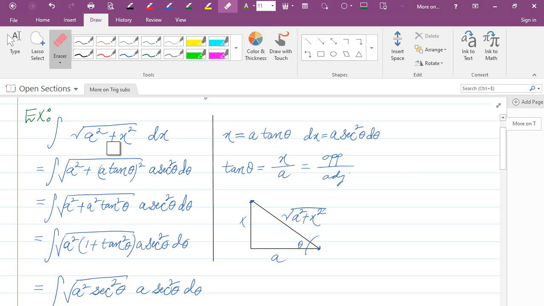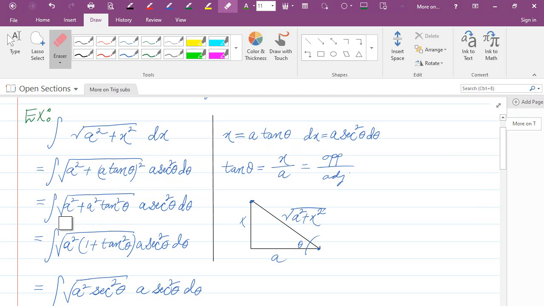So in this case, the substitution that I suggested was that you replace x by a times tangent of theta. So if x is a tangent of theta, then dx would be a times the derivative of tangent, which is secant squared of theta d theta. So that's what we're going to substitute. So x is a tangent of theta, and then dx is a secant squared of theta d theta.